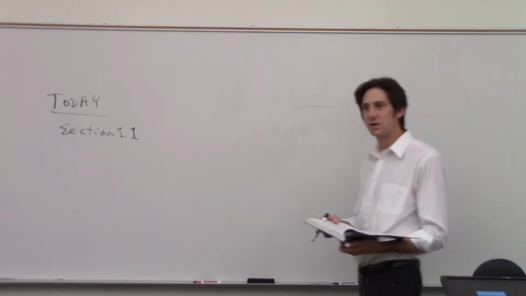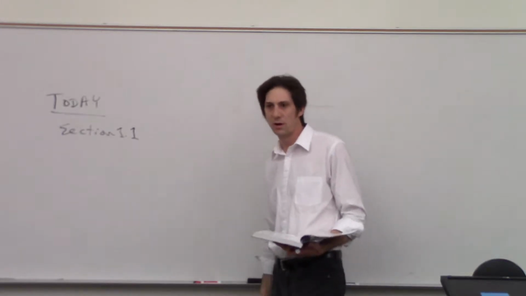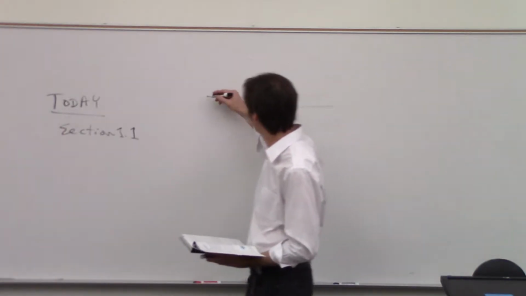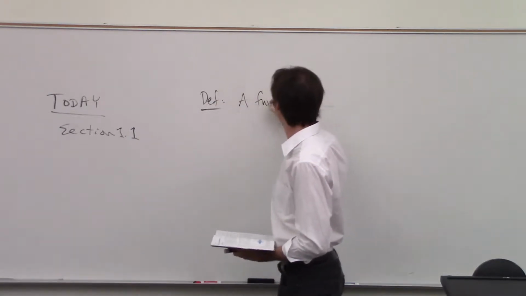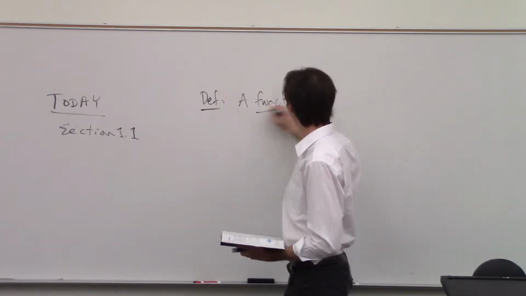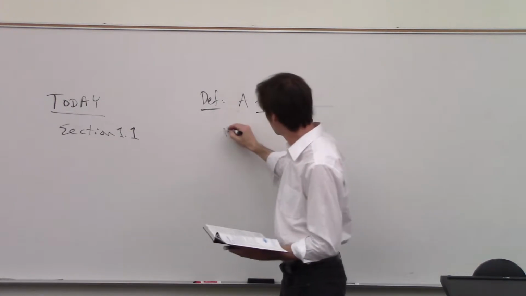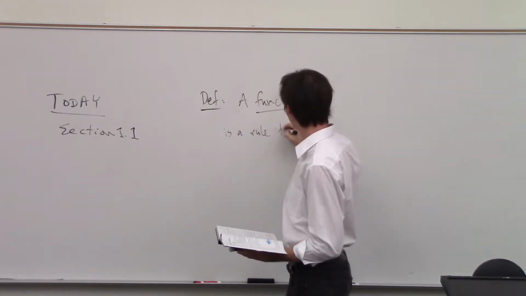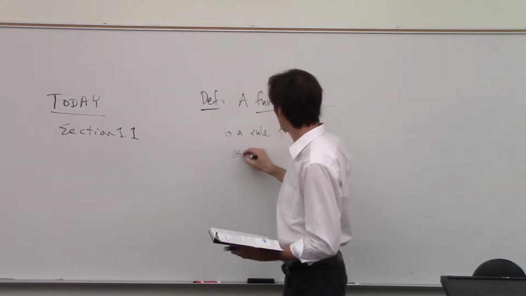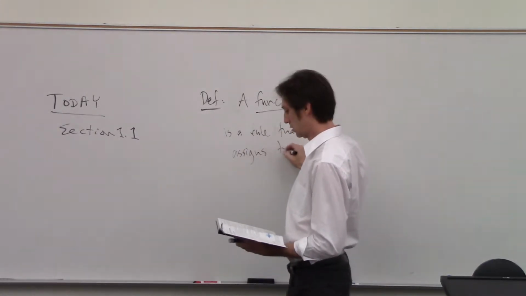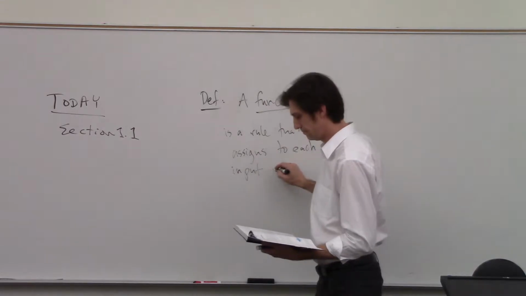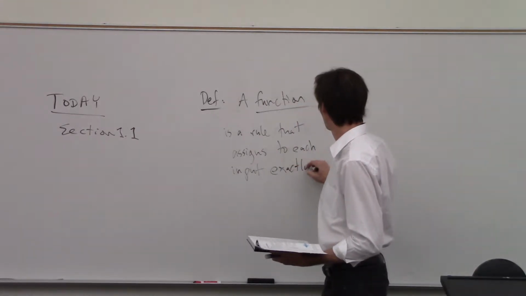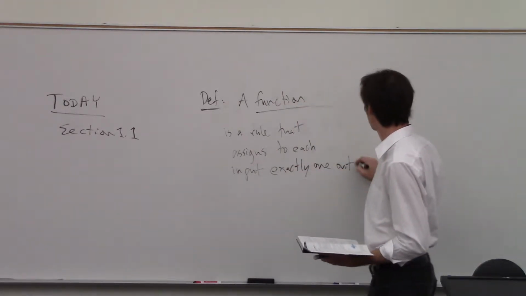When I think about a function, I think about a rule or an assignment, and I think you'll see what I mean as we go through some of these examples. Again, this is in your textbook. A function is a rule that assigns to each input exactly one output.